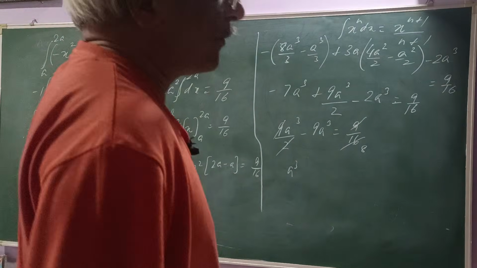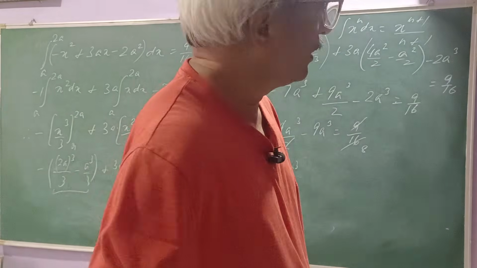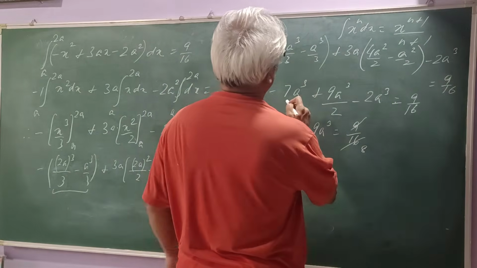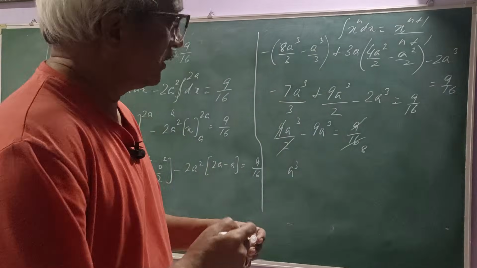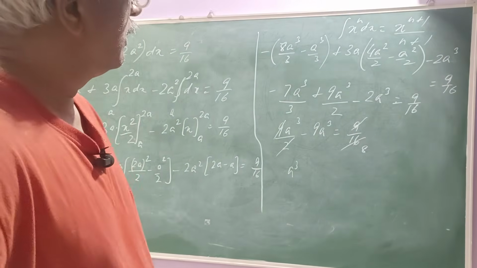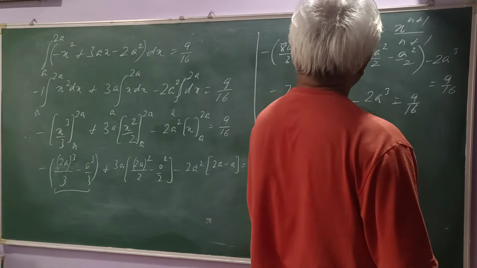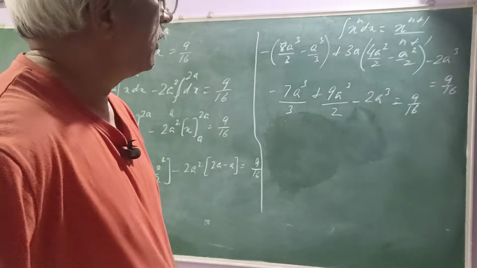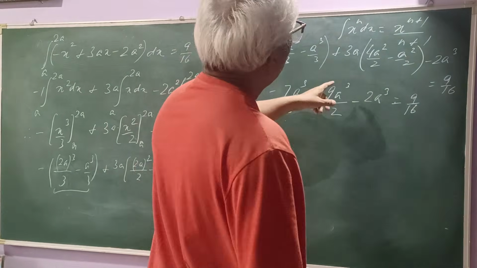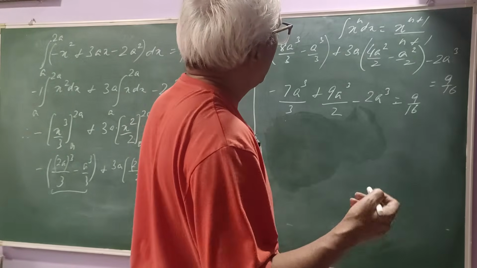Okay, there's an error here. There should be a 3 in the denominator. So this becomes minus 7a cube by 3 plus 9a cube by 2 minus 2a cube by 3.